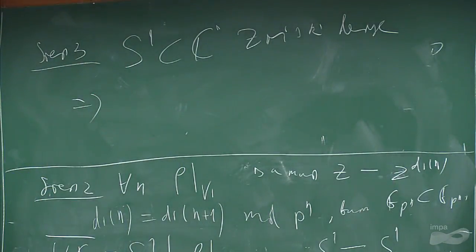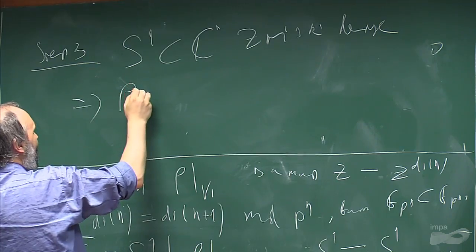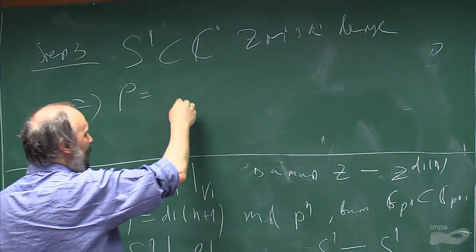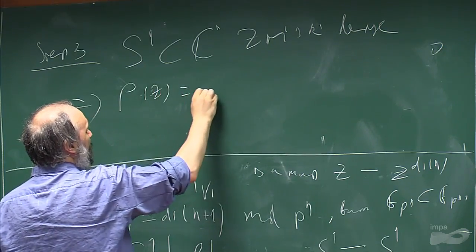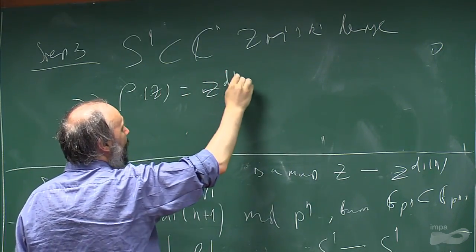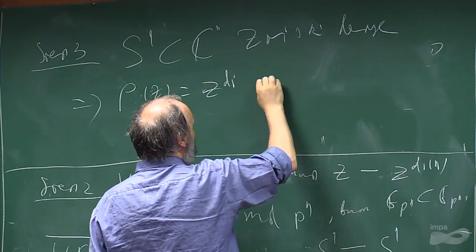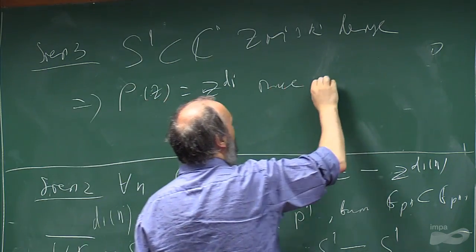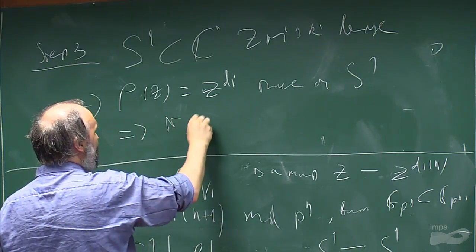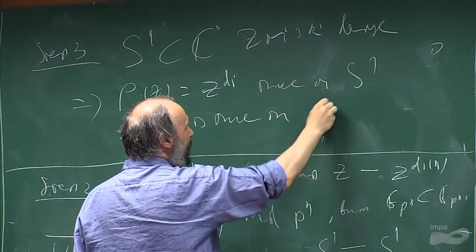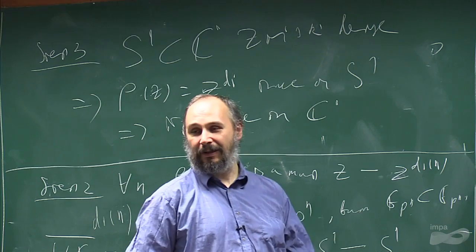And we know that rho is equal to the degree map. Rho of z is equal to z to the power d_i. This is true on S1, then it is true on C star. That's it.